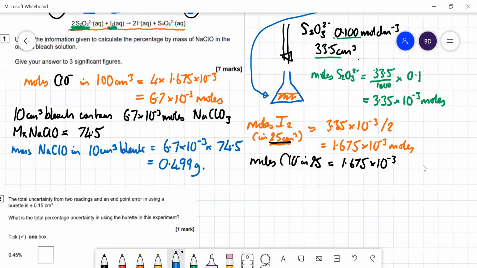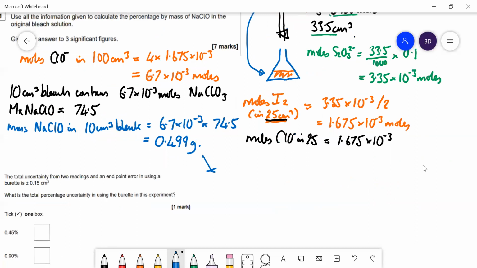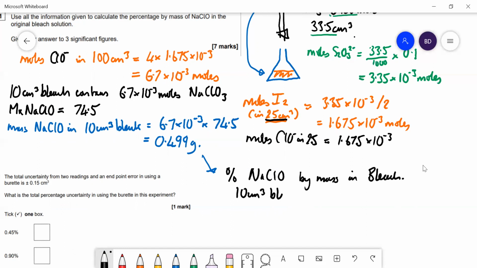Now the question is asking us to work out the percentage sodium chlorate by mass in the bleach. So we know in 10 centimeters cubed of bleach, we've got 0.499.